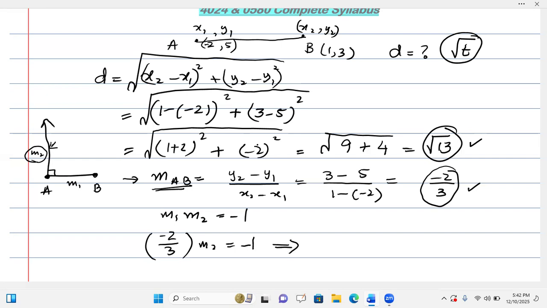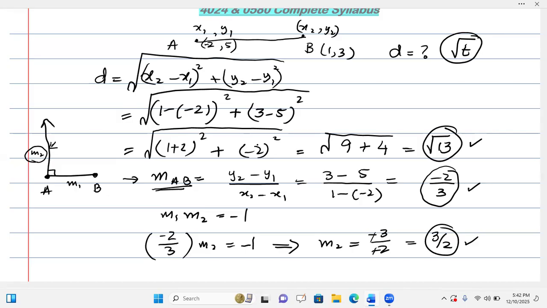Making m2 the subject, 3 is multiplied with -1 making -3, and divided by -2, minus minus is cancelled, and the gradient of this perpendicular line will be 3 by 2.